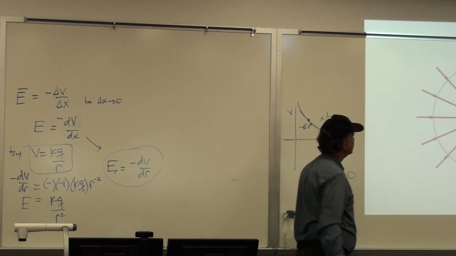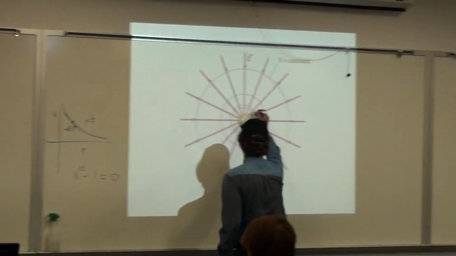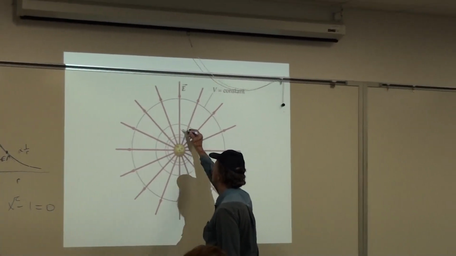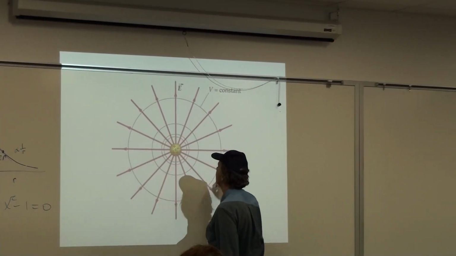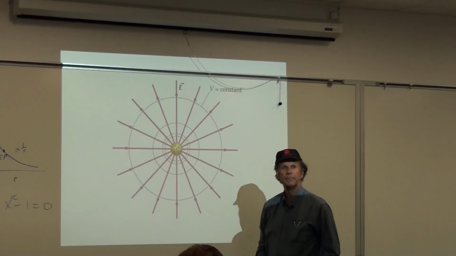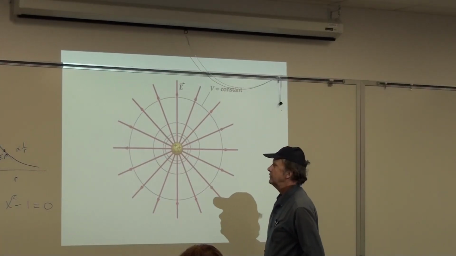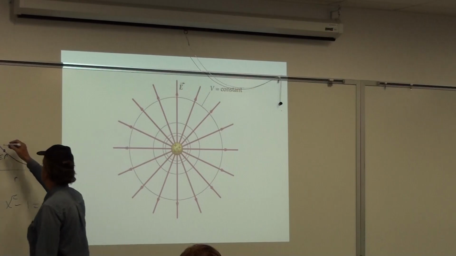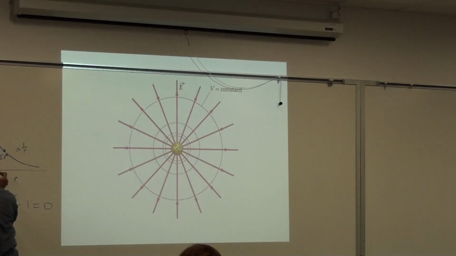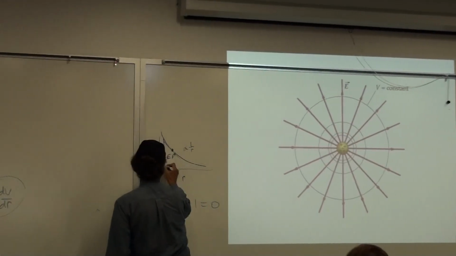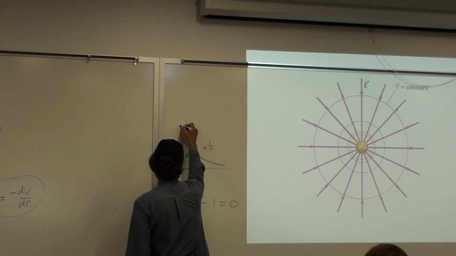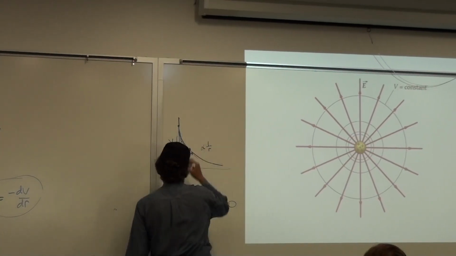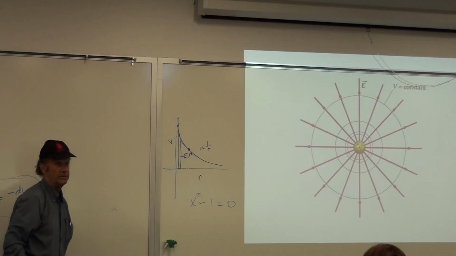So if we plot this up, we can have constant voltage lines that are spherical shells that surround the charge. And those aren't going to be equally spaced, because in here closer, a tiny change in R is going to give rise to a huge change in V, because you're approaching a vertical asymptote.